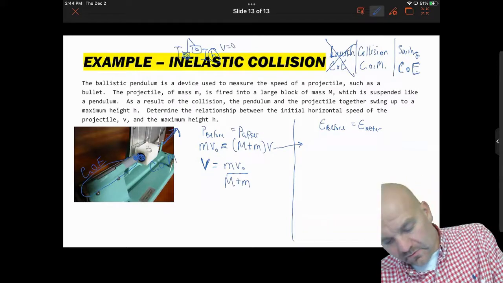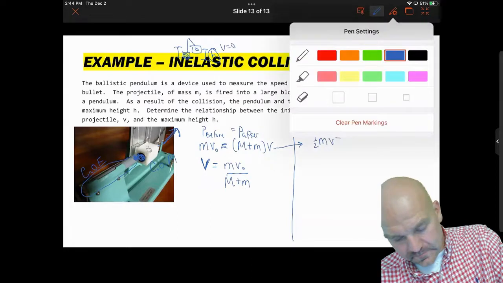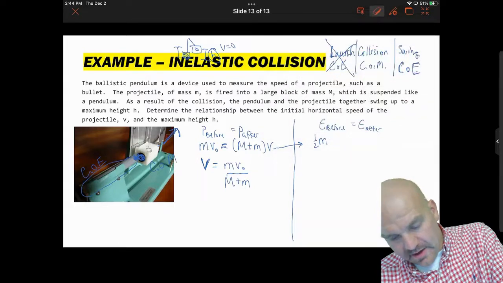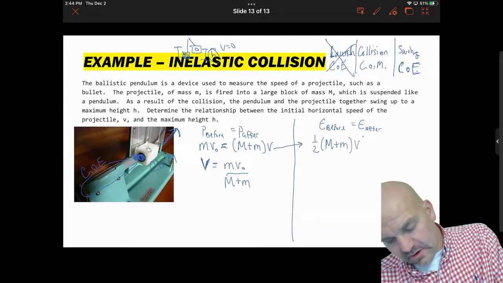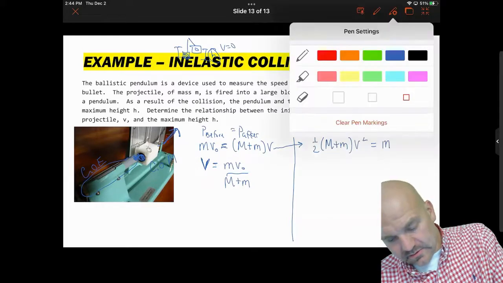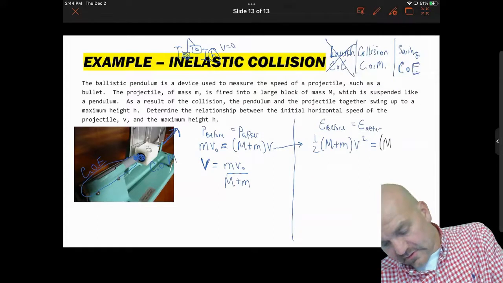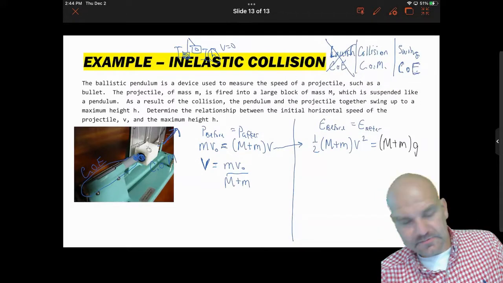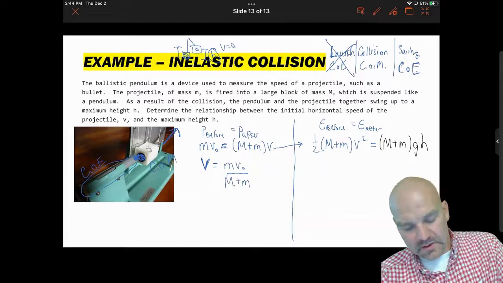So before, I only have one half mv squared. That's one half of big M plus little m, V squared, and that's going to equal my total mass, big M plus little m, times gh, because it stops and I only have potential energy at the top.